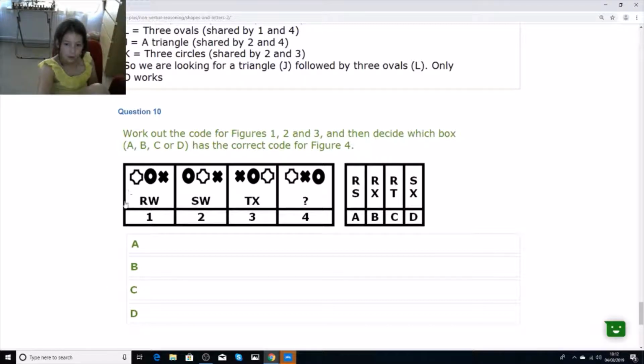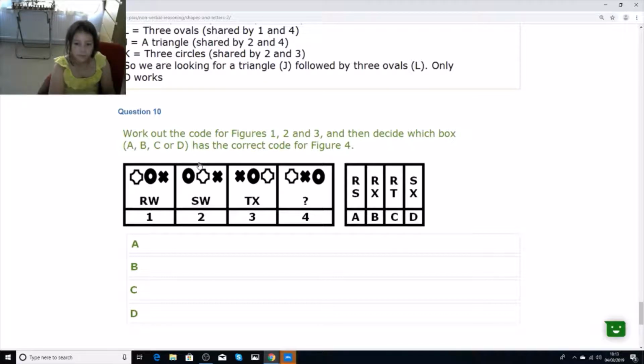So, RW, SW, TX. So, the first one, they're all different. It's probably because the order is different in all of them. And in 4, the first letter is also unknown. So let's just move on to the final letter.